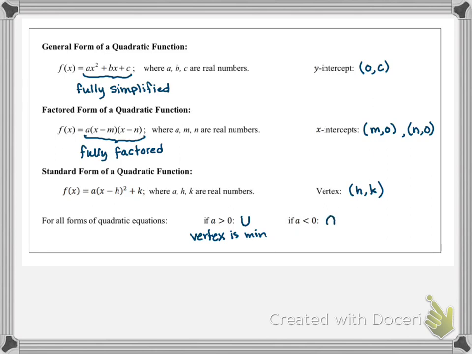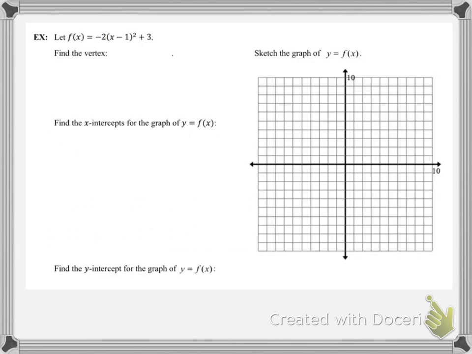And if it's negative, it opens down, and so the vertex is a maximum. Right? Because if you are feeling positive, you smile. And if you're feeling negative, you frown. It's the cheesiest thing I've ever said in my life.